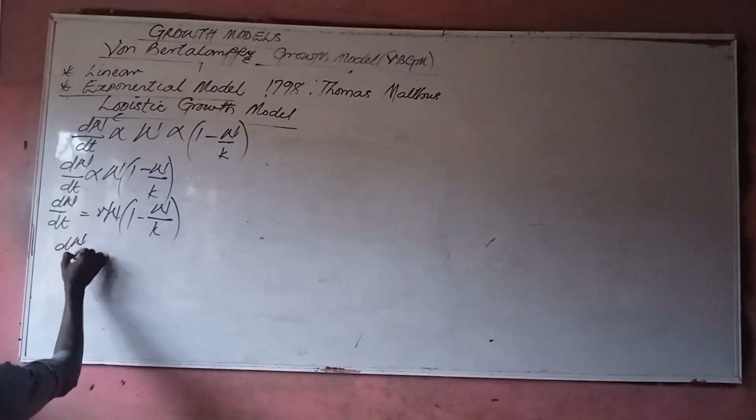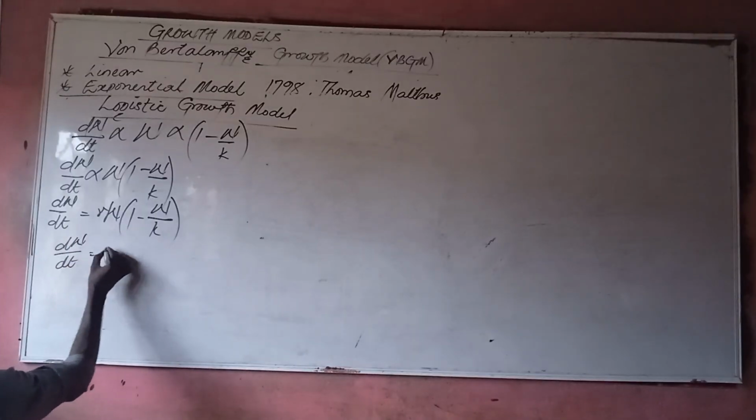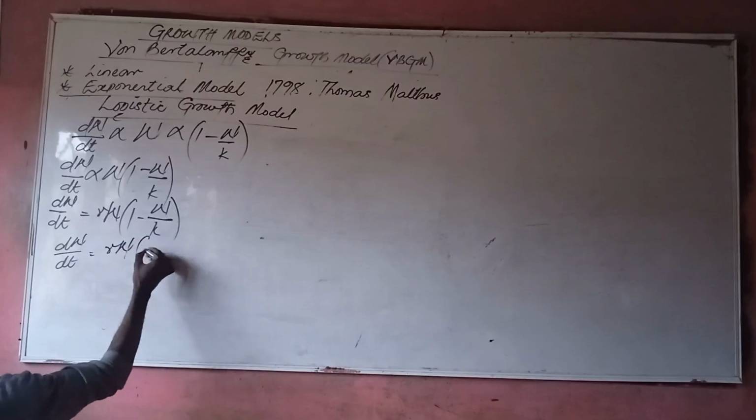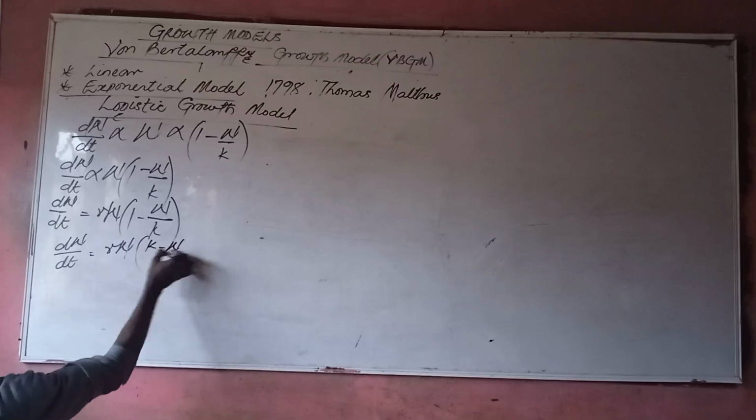So first, I like to make this one look nice so that it becomes dW/dt equal to RW into bracket K minus W over K.